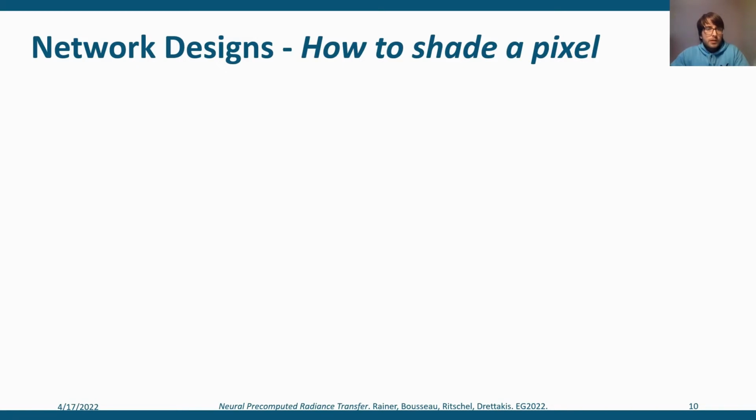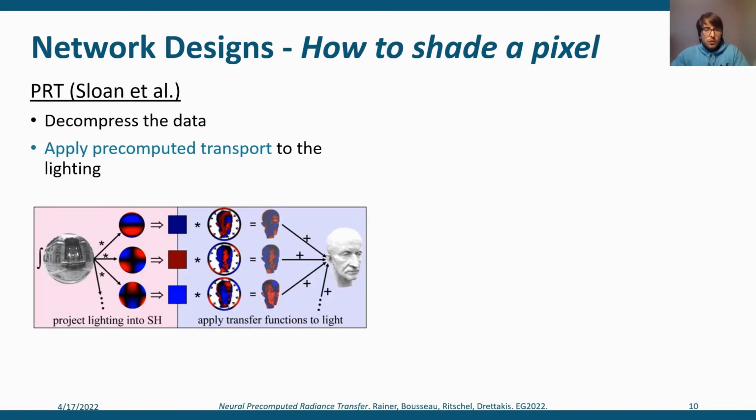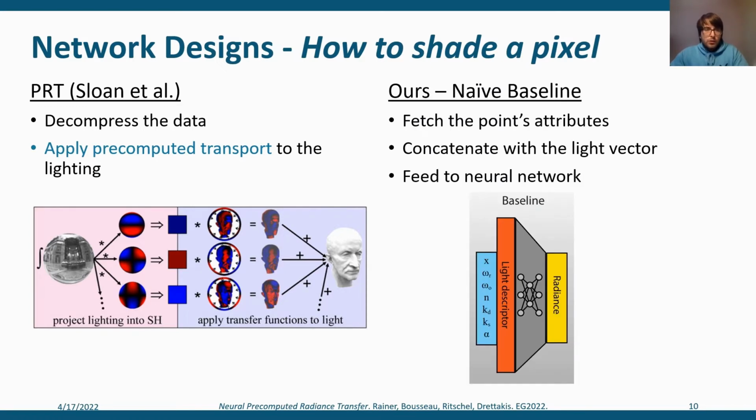In traditional PRT, the pre-computed data is stored in a compressed format. So to shade a point, the data needs to be decompressed to retrieve the pre-computed light transport for that given point, so it can be applied. In our neural equivalent, the network itself is the compressed data. So we would like it to learn the transport in a compressed way and apply it correctly to the given point.